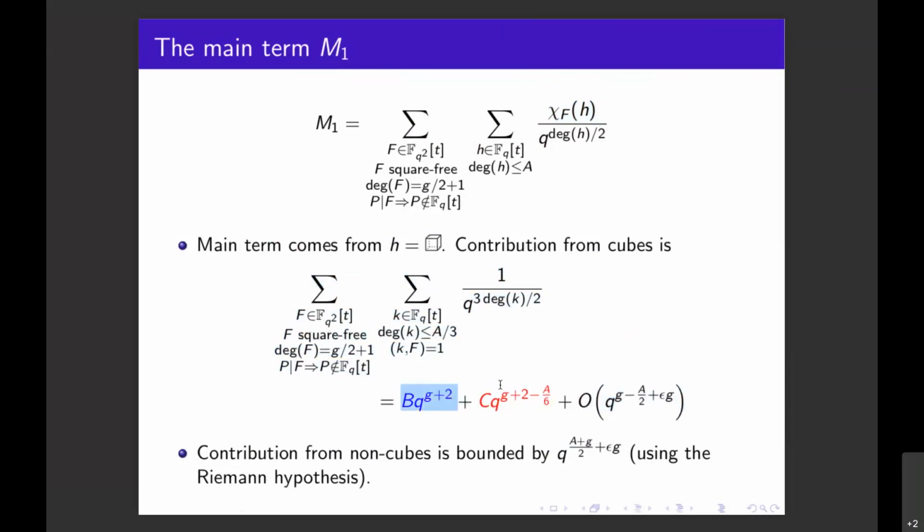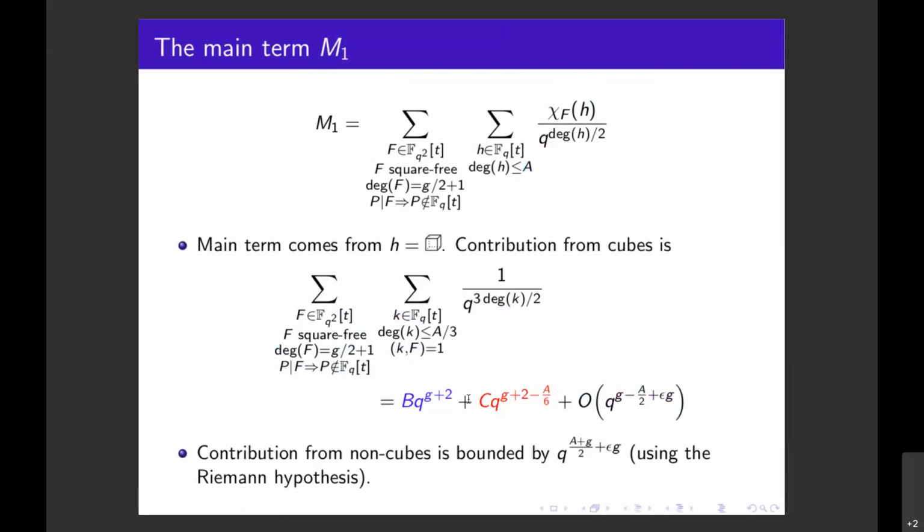Then interestingly, we get a second term, which has size q^{(g-A)/6}, where A is the point where I'm truncating in the approximate functional equation, and then we get a good enough error term. And we also bound the contribution from non-cubes, and we get a pretty good error term, and we do that using the Riemann hypothesis. Okay, so we have the asymptotic formula for M1.